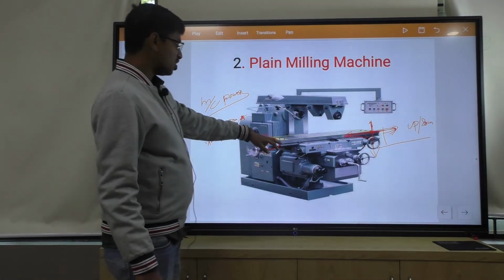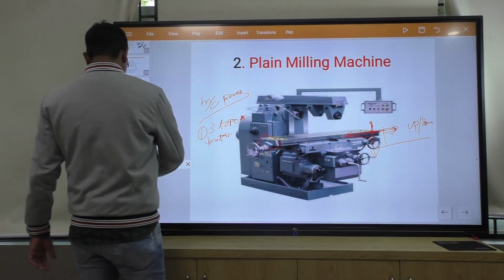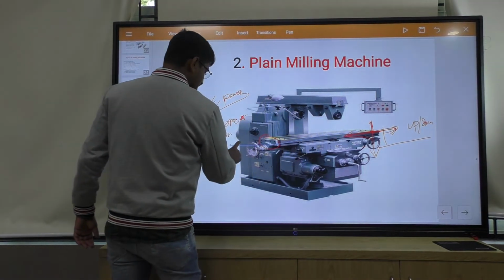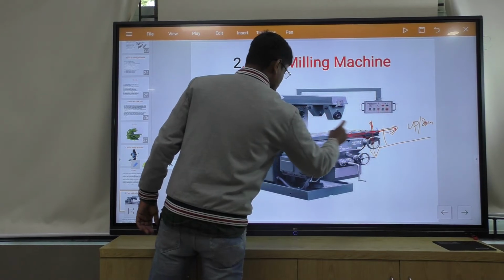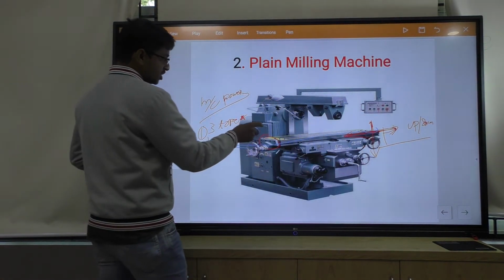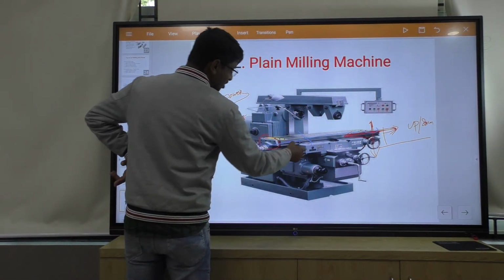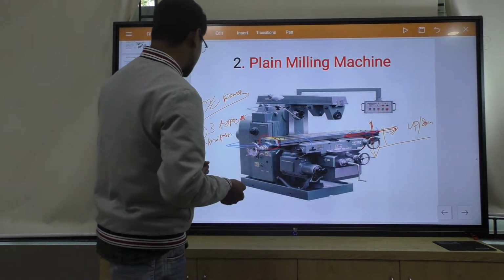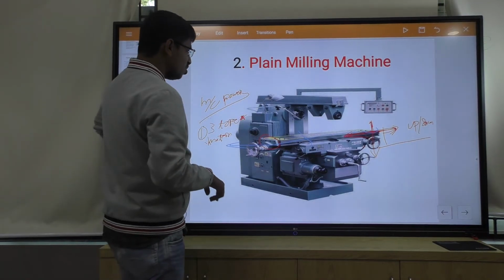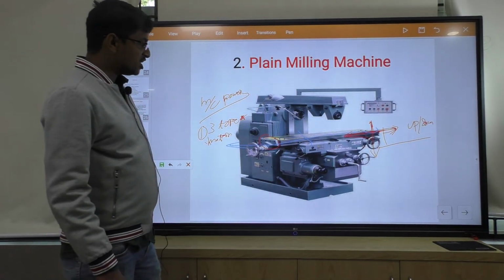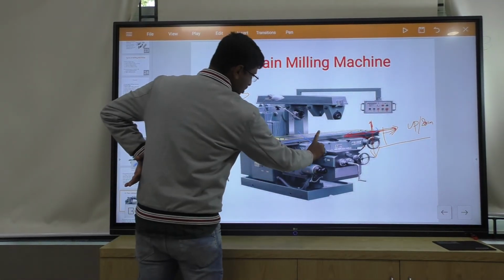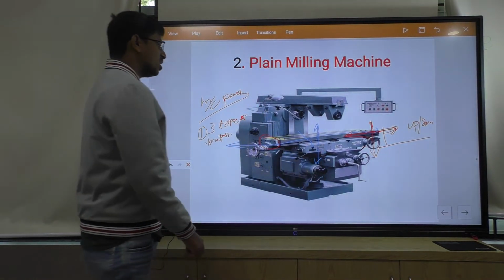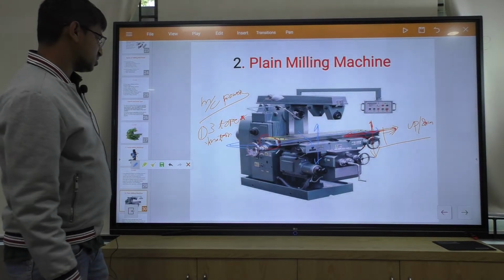One is the longitudinal direction, the second one is the cross direction, and another direction is up and down, to accommodate different heights of the workpiece.